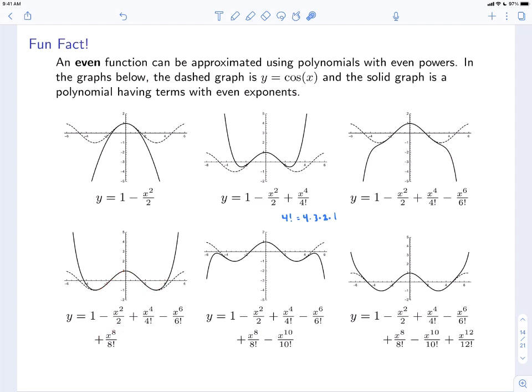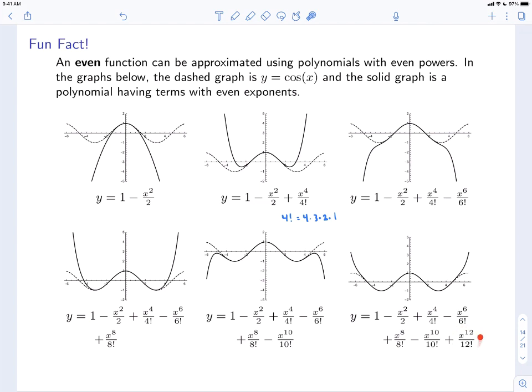Notice that this is an even polynomial that's symmetric about the y-axis, and therefore is the graph of an even function, and it approximates the function cosine of x better and better. And here if we have degree 10, it's even better, and if we have degree 12, it's even better. The more terms you add in, the better the approximation becomes.